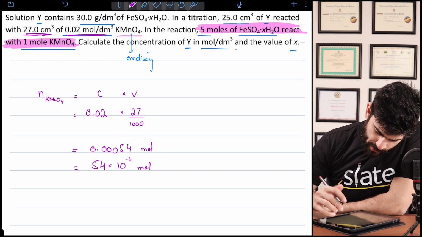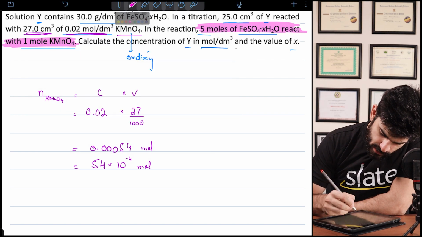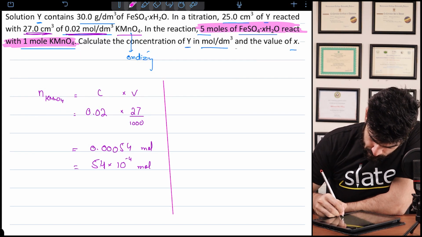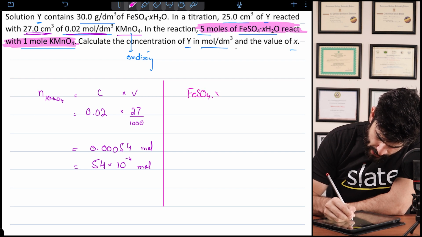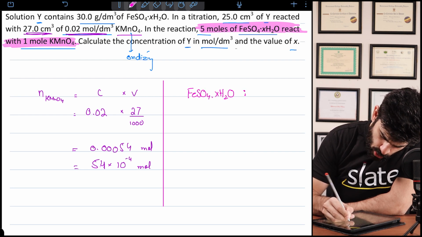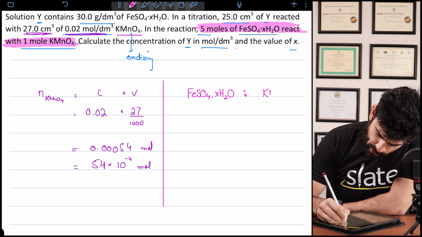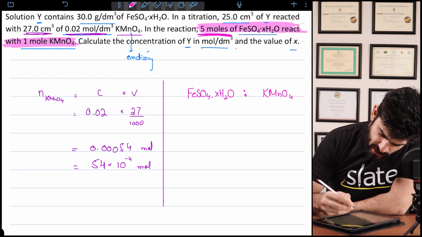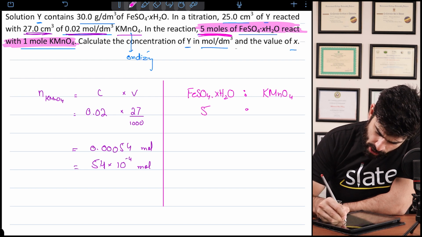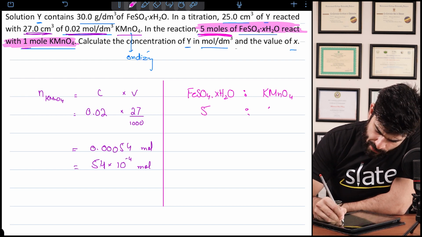Let's make a molar ratio here. Molar ratio between the salt, which is FeSO4·xH2O, and potassium manganate KMnO4. So this line tells us that 5 moles of the salt reacts with 1 mole of KMnO4.